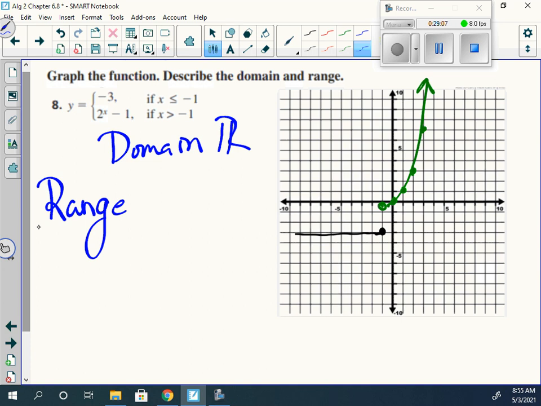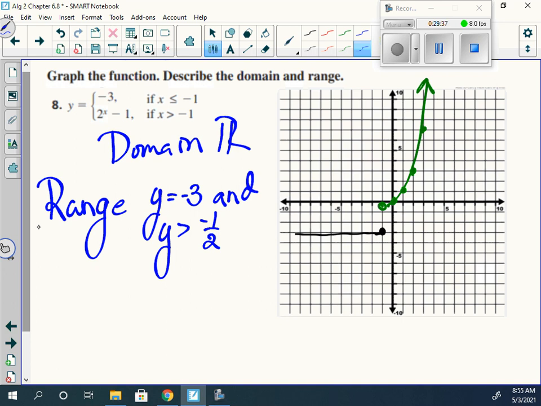Now there's a few ways we can write this, and I'm going to write it in the simplest way possible first. Y is equal to -3 and y is greater than -1/2. Because if we look at the range, the y values that are included, well, -3 is included.